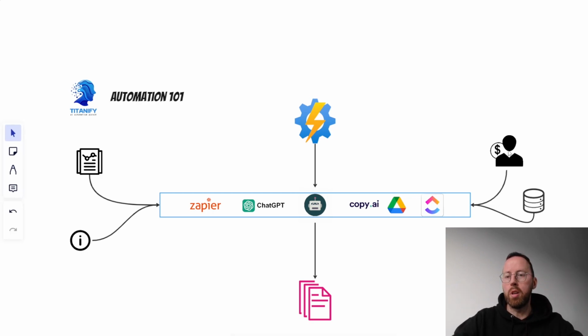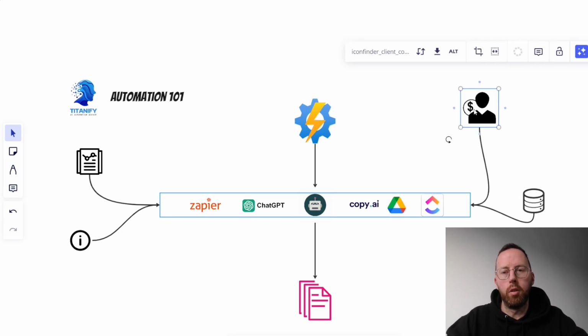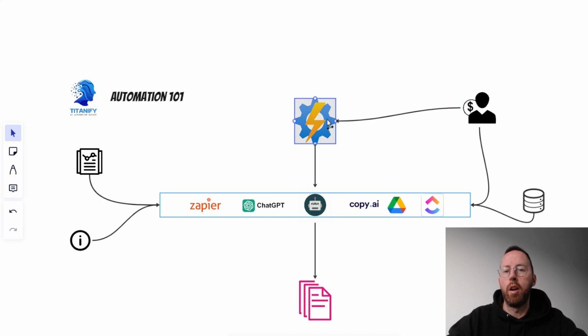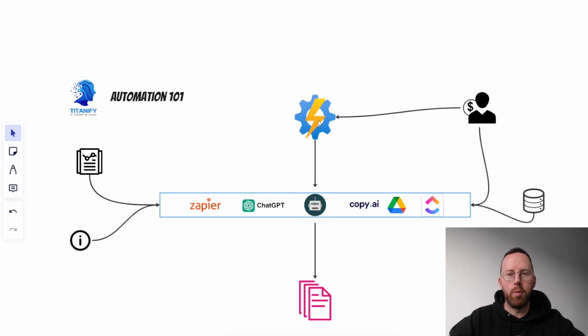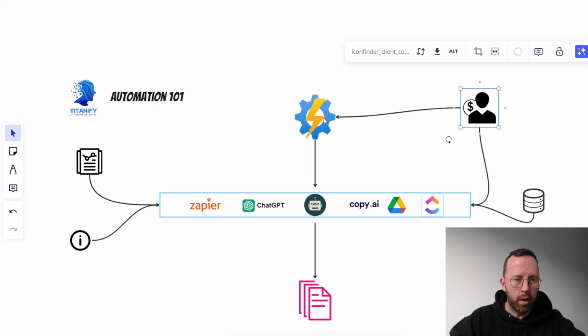This is the icon that I use to depict a customer. It can be a customer that is actually setting this up for you. So I try to not overcomplicate things too much. Somebody or an event triggered it, and that by itself triggers the automation.